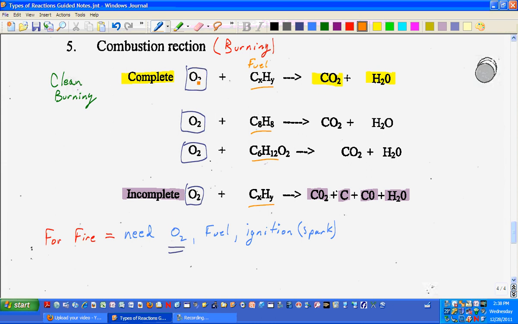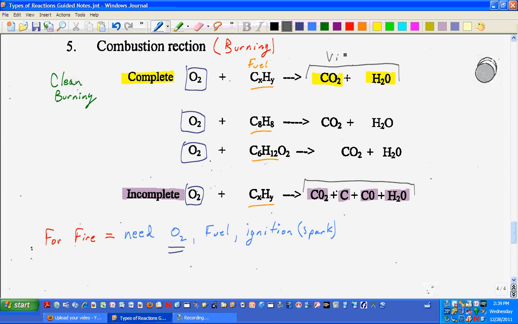At first glance, these might look like single replacement reactions because I've got an element reacting with a compound. However, that element is oxygen. So don't look at the reactant side in order to decide whether something is a combustion reaction. Look at the product side.